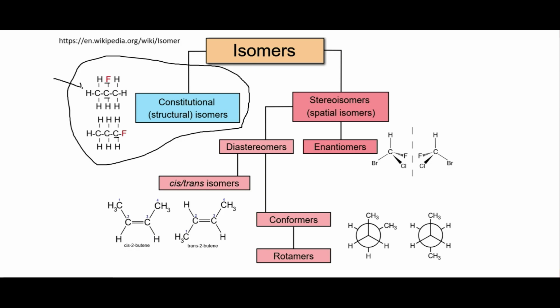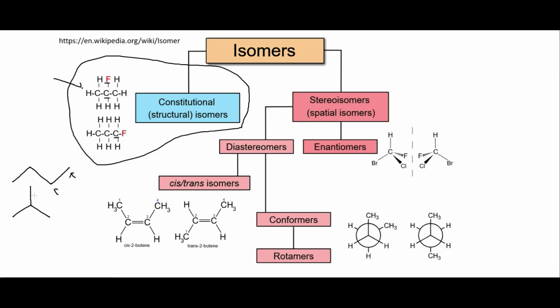So I said that methane, ethane, and propane don't have constitutional isomers because propane is just 3 carbons, so there isn't a different way that you could bind the carbons together. But when we get to butane, we see that now we can have it like this, or we could have it like this, where instead of binding this carbon to that carbon, we now bind it to the central carbon.